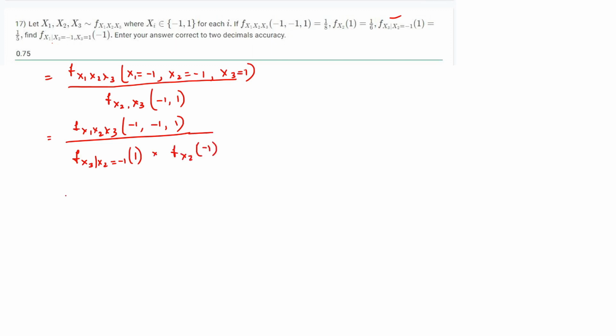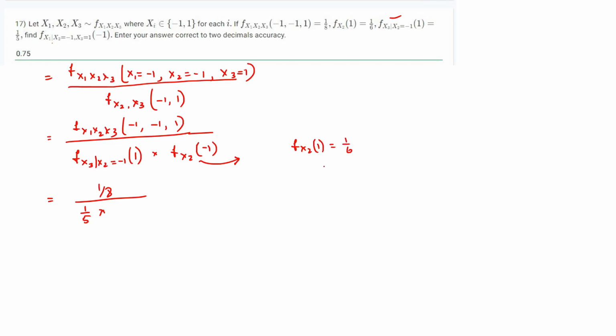Now substituting all the values that are given, 1 by 8 divided by 1 by 5 into 1 into, so I need f x2 of -1, but they have given f x2 of 1 is 1 by 6. So how to do this?